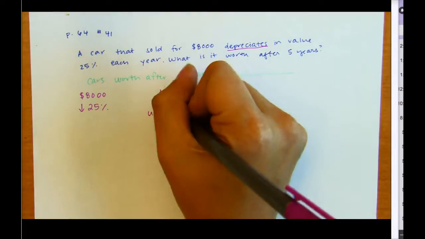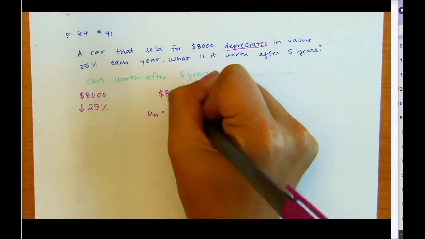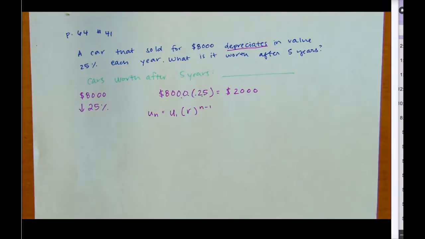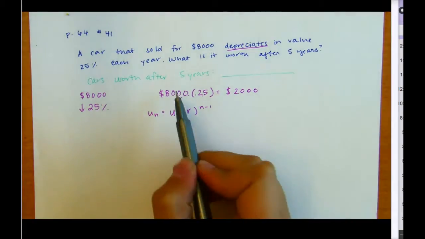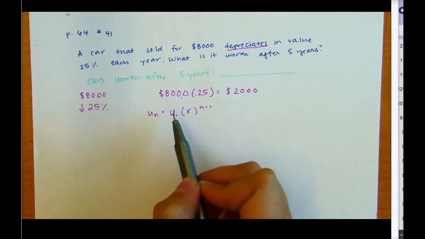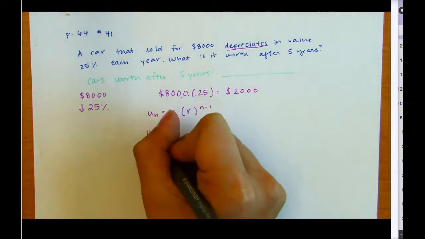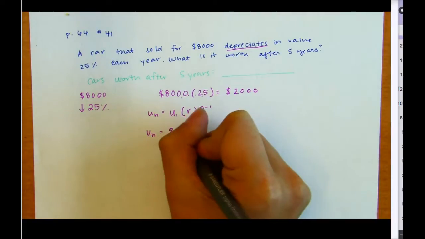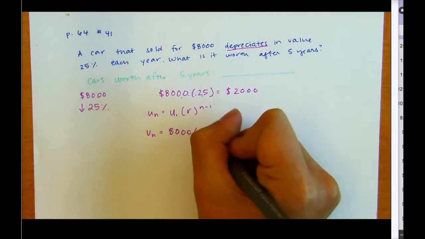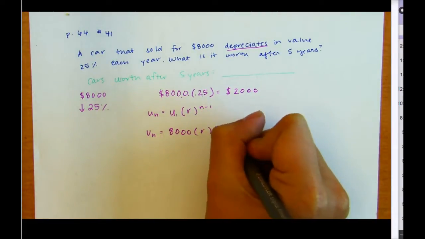So I'll have u sub 1 times r to the n minus 1. Think about what you know. What can I substitute in? Your initial value, $8,000, is your u sub 1, so u sub n equals 8,000 times r to the n minus 1.